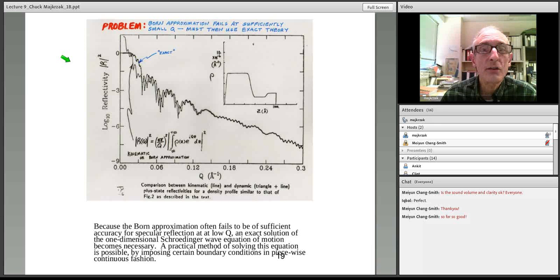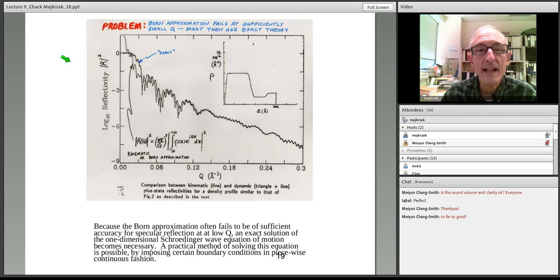And there is a critical angle region below which the reflectivity is in fact unity. It's like looking in the mirror in your bathroom in the morning when you get up to shave or wash up or whatever. Everything incident is reflected. And so the penetration depth turns out to be only a few hundred angstroms, and there's very limited information that you obtain about the depth profile in this regime.